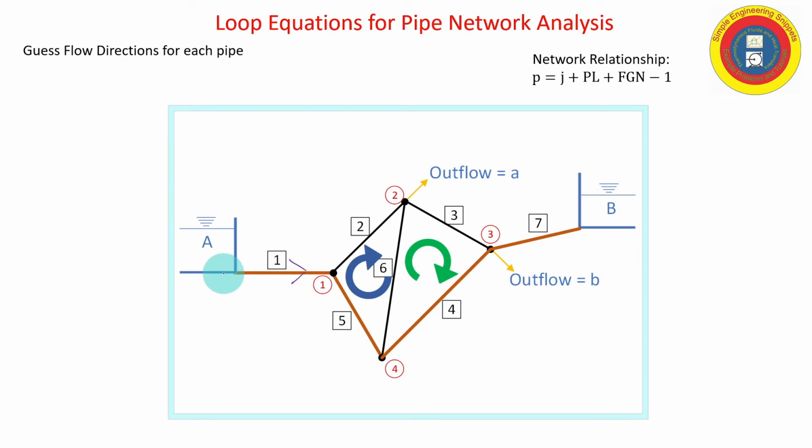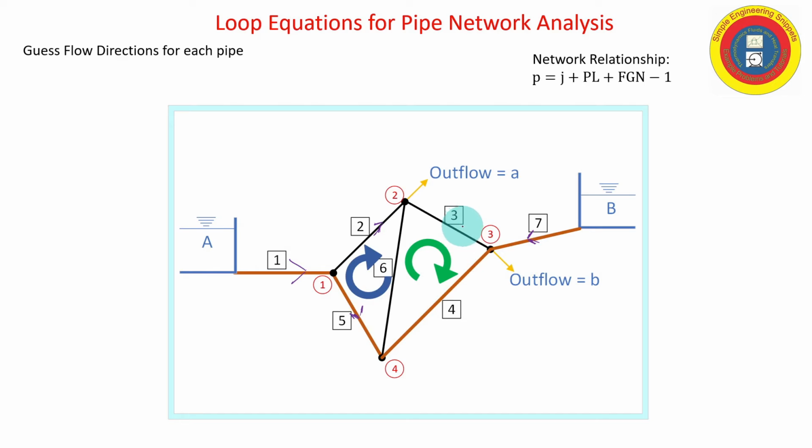So clearly I expect flow coming out of the fixed grade node 1 going through pipe 1 in the direction from left to right. And pipe 2 I'm going to assume is flowing into node 2. Pipe 5 I'll assume is flowing into node 4. Coming out of Bravo, I expect the flow going into node 3.